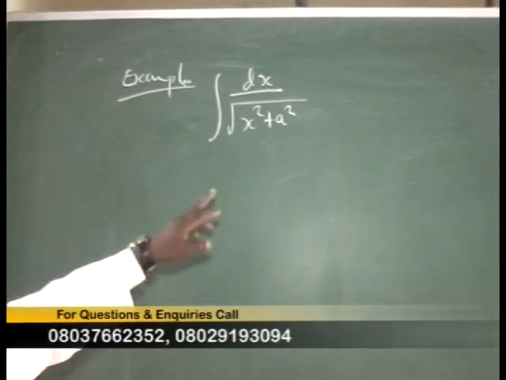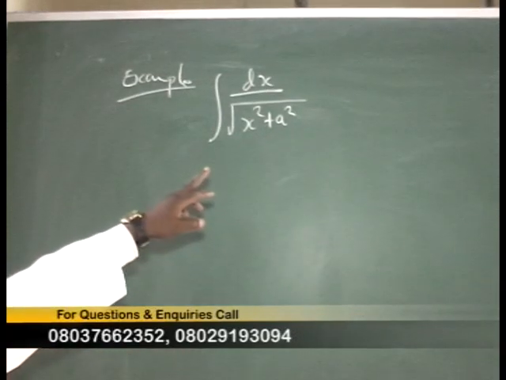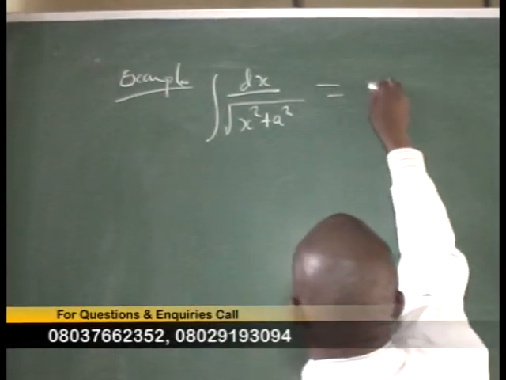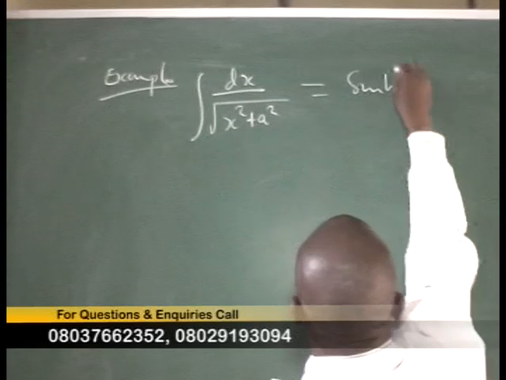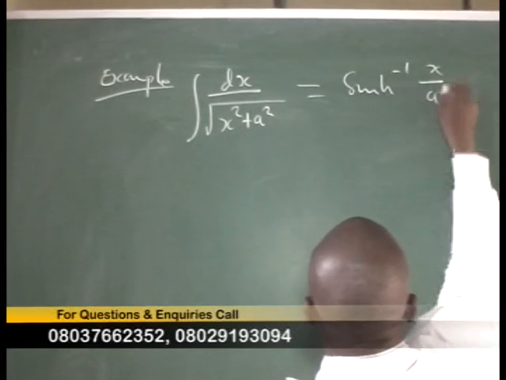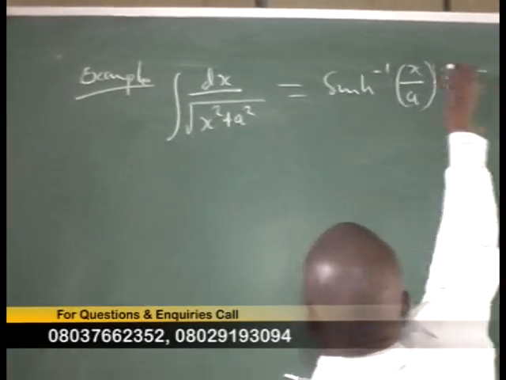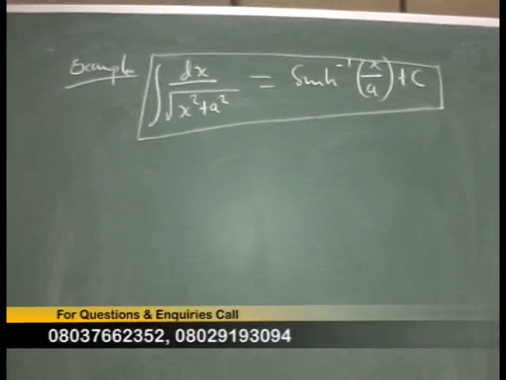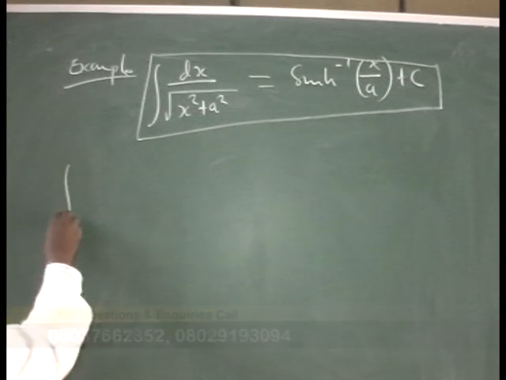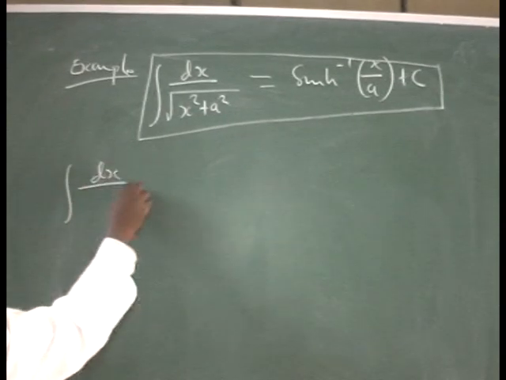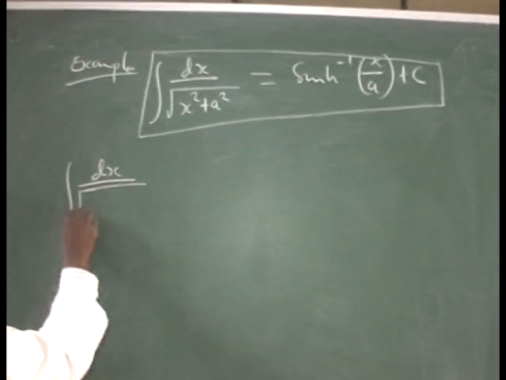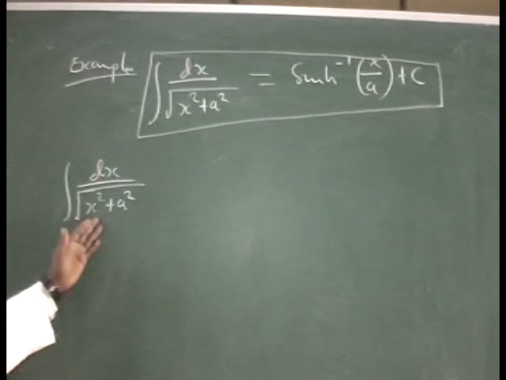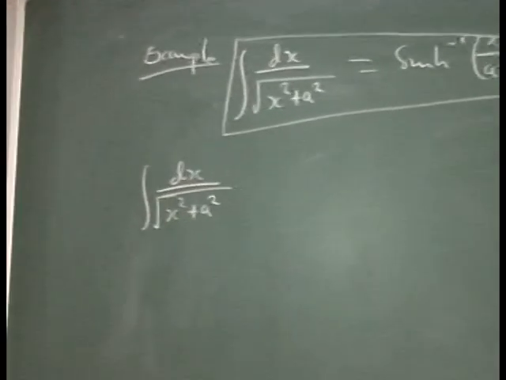You can also show the integral of dx all over the square root of x squared plus a squared, or even if we say a squared plus x squared, it will still be the same.